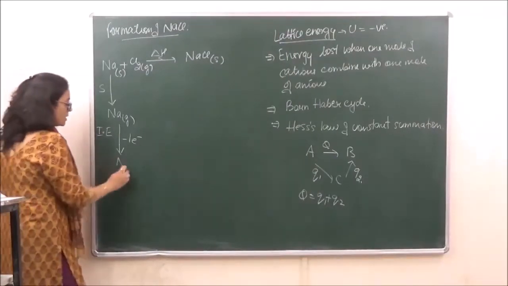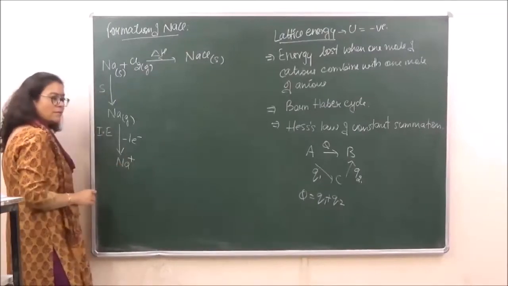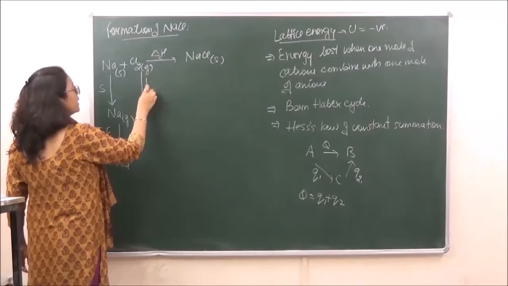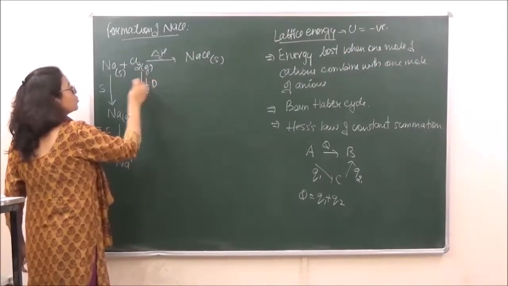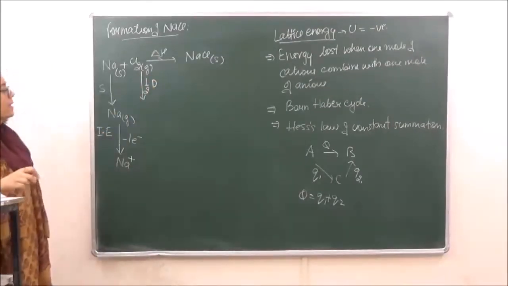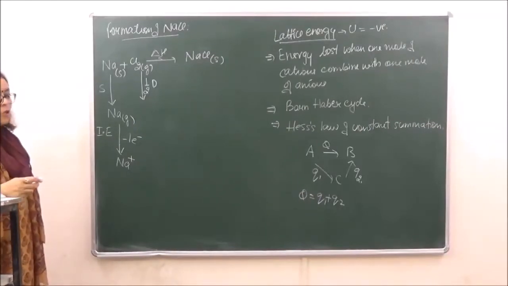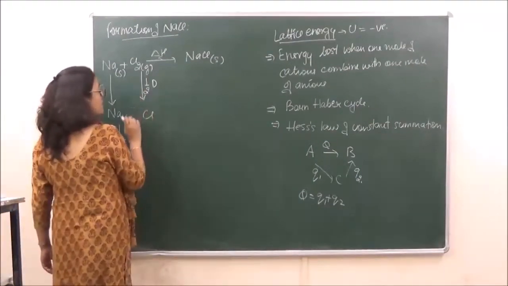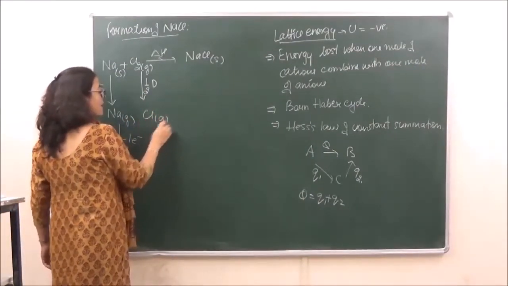This gives us Na positive. Similarly, chlorine first gets dissociated into atoms. The energy required here is the energy of dissociation, or energy of atomization. Then this is converted into the atomic state, Cl gaseous.